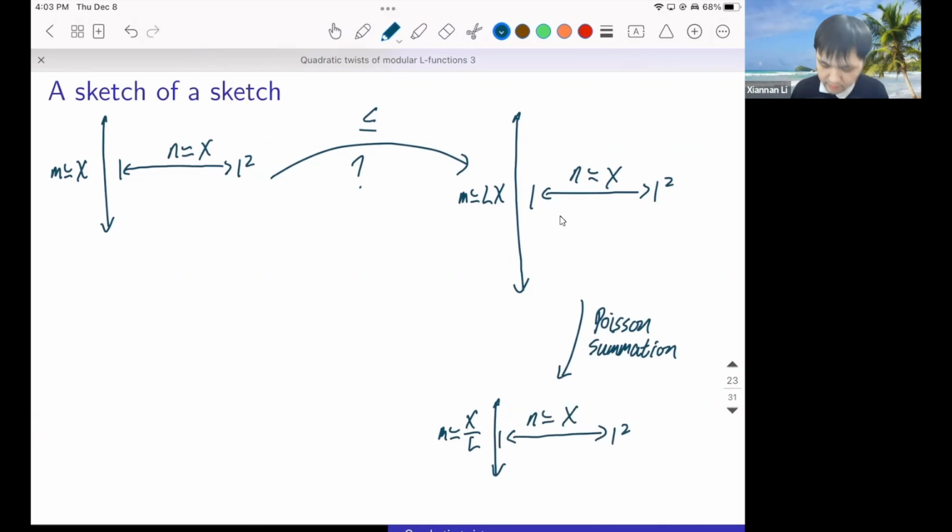It's still of length x. The next thing to note is that once the sum over m is shorter, the value of m is shorter. So this is a reduction in conductor when you consider the sum over n. And so it makes sense to apply the functional equation.